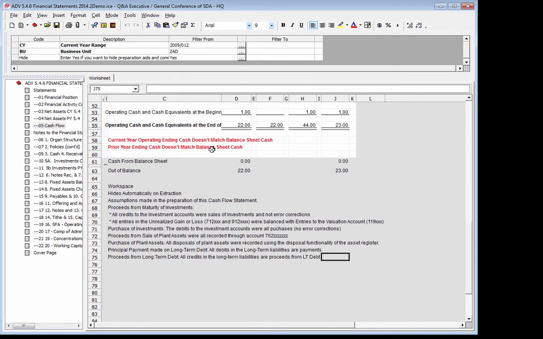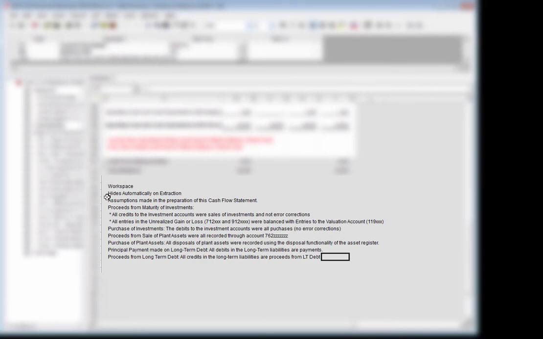If these assumptions are not correct, then the cash flow statement, even though it balances, will have offsetting errors in it that make it misleading. Okay? Here are the assumptions that went into the cash flow statement. They're listed at the bottom of the cash flow statement, and they all disappear automatically when the cash flow statement is extracted. So here are the assumptions.